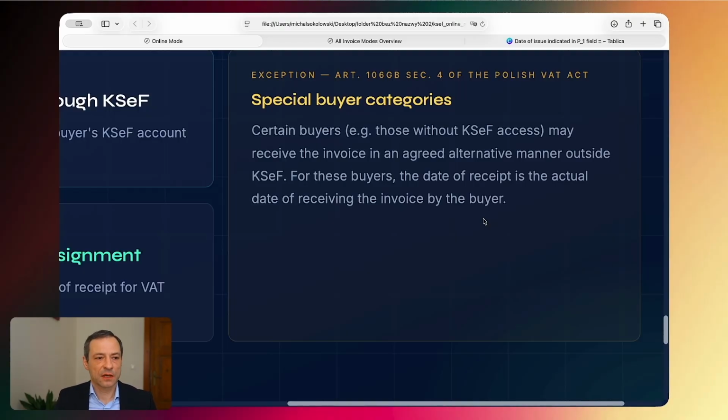And for such kinds of customers, the date of receipt is the actual date of receiving the invoice by the buyer, namely the date at which the buyer received the invoice as a PDF file attached to an email, for example, or a letter with a printed out invoice, and so on and so forth.